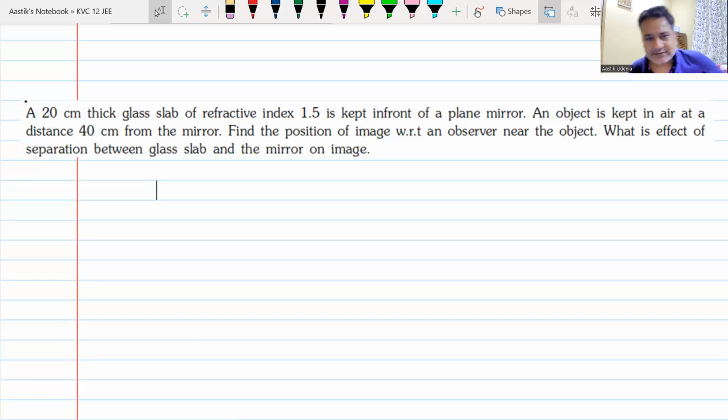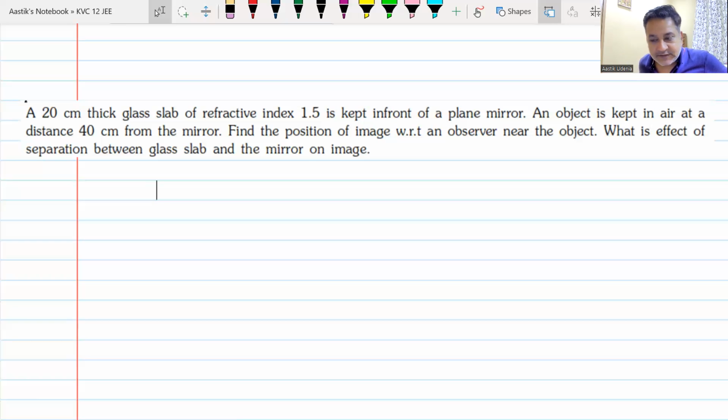The observer is standing near the object itself. So I am the observer, there is an object, there is a glass slab, then there is a mirror, and I'm not watching the object, I'm looking at the glass slab and trying to see where the image is. Do we understand the question?